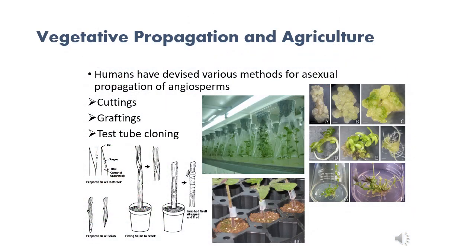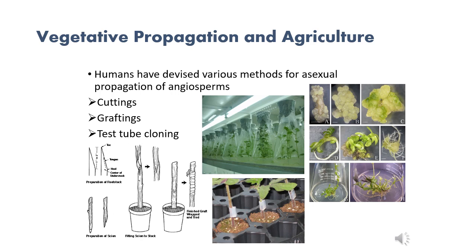Now, because agriculture is very important to us as it provides food, a lot of agriculture uses vegetative propagation. So humans have devised various methods for asexual propagation of angiosperms. There are many methods, such as using cuttings, just cut and stick it in. It grows too. Another one is grafting.